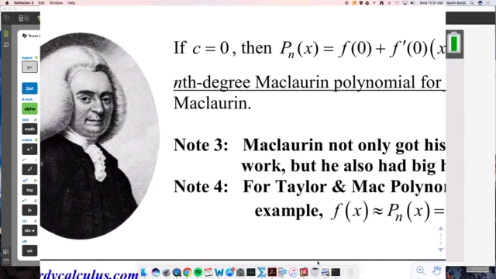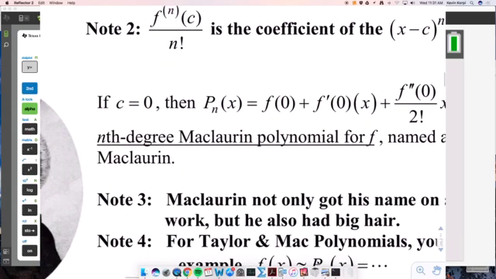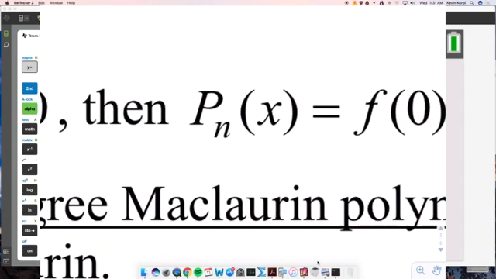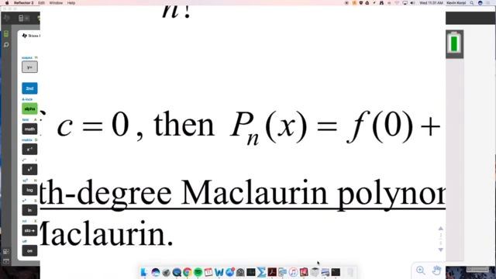Scottish mathematician Colin Maclaurin. He's the guy that came up with the original form for something that's centered at 0. He came up with a polynomial equation for something that is centered at 0. So here was his formula. He called the polynomial p, and then the subscript n is the degree of the polynomial.